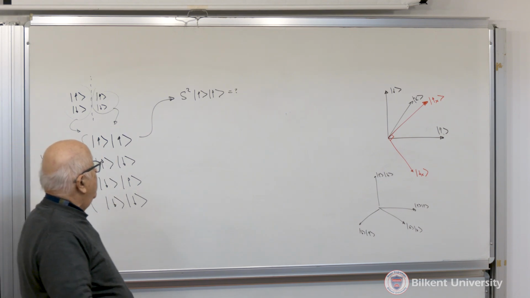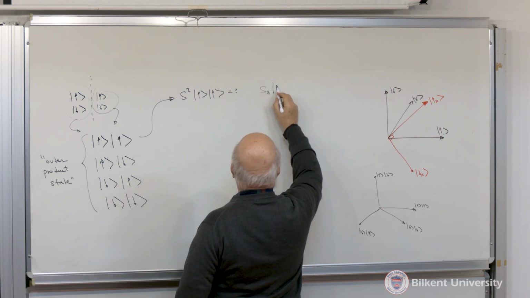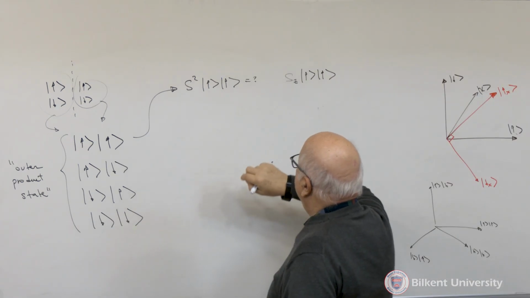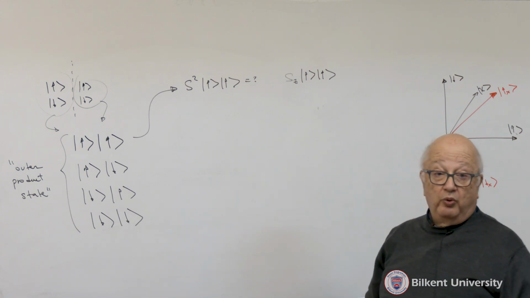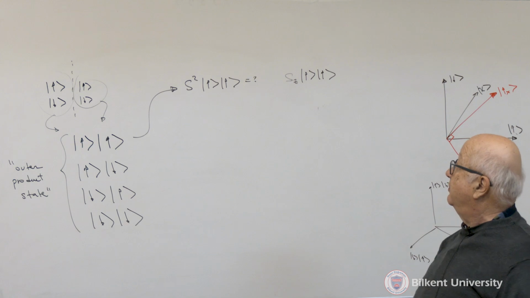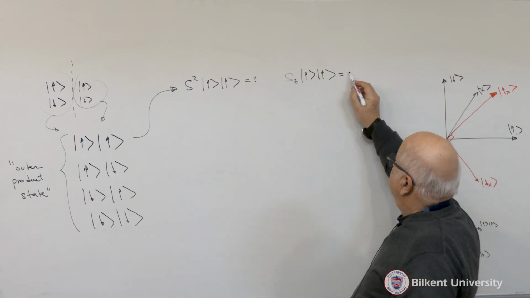And I'm also going to look at Sz. Okay, so these are states of the system, but I don't know what it means in terms of the total angular momentum of the system, total spin angular momentum. And so I want to figure this out.